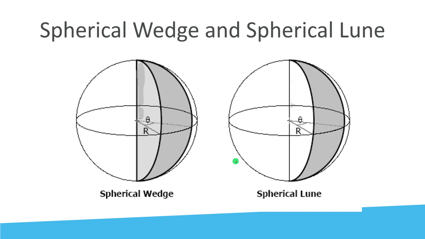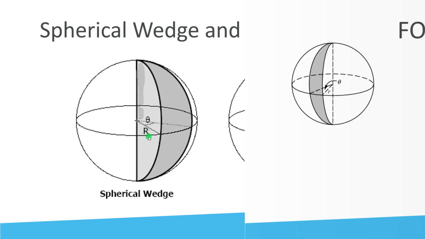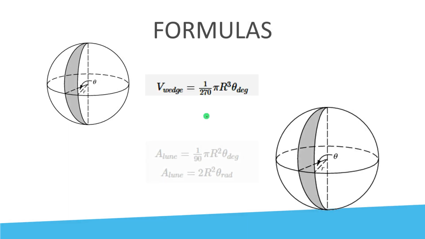It is the surface formed by revolving a semicircular arc about its diameter by less than 360 degrees. Here in spherical wedge and loon, we are required to have the radius and the central angle in order for us to solve the volume and the surface area.